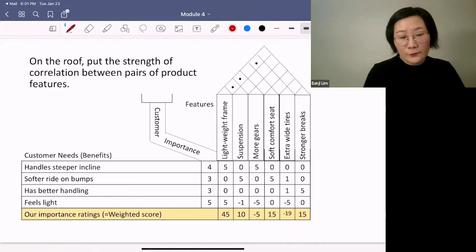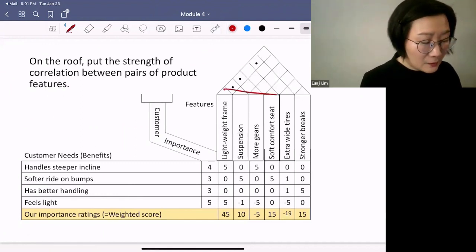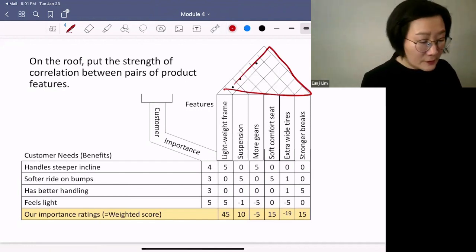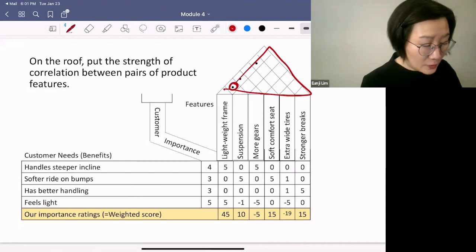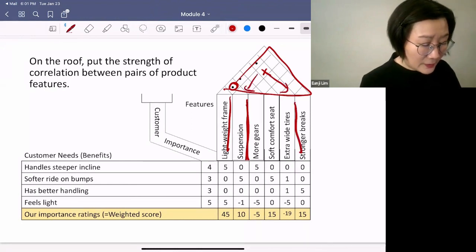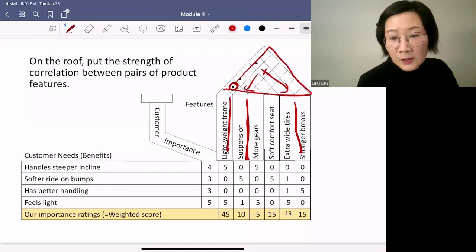Sometimes on the roof, we put the strength of the correlations between pairs of features. For example, this is a pair between lightweight frame and suspension. And this is a pair between suspension and extra wide tires.